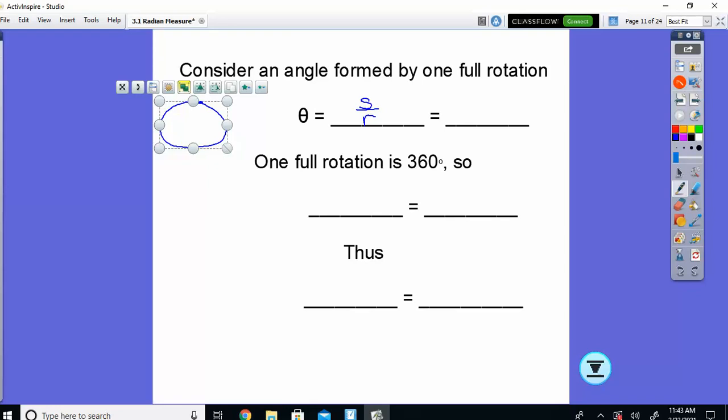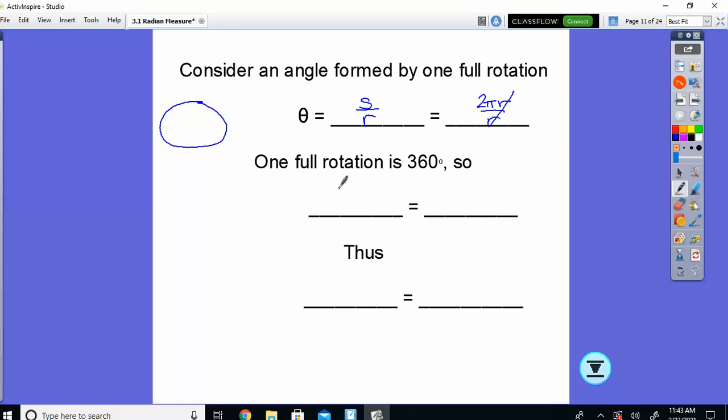Circumference. Do you guys remember how to find circumference? Circumference is 2 pi r. So in this case, since the arc length, the s, is the entire distance around the outside, that is the circumference, and the formula for that is 2 pi r. So my s is 2 pi r divided by r. What's going to happen to those r's? They cancel.